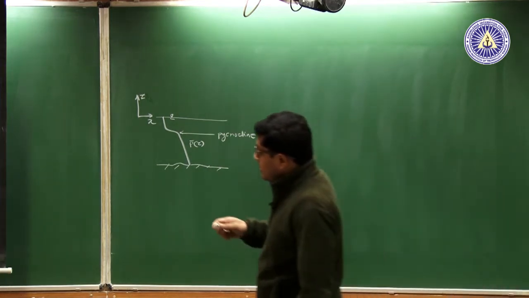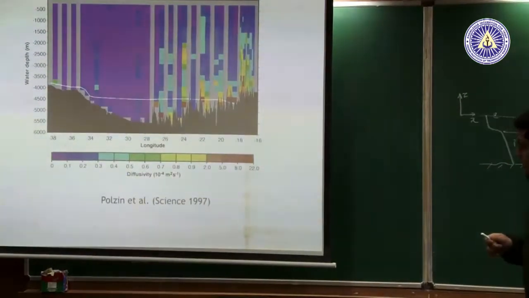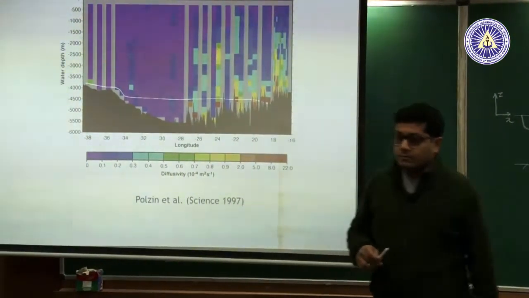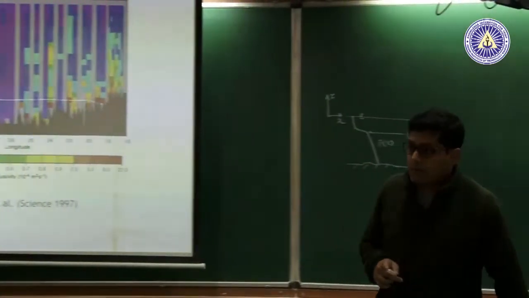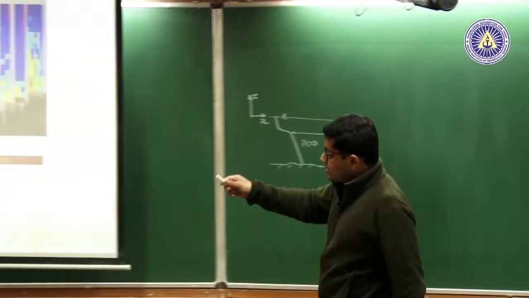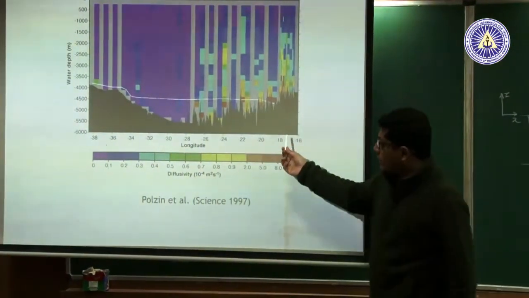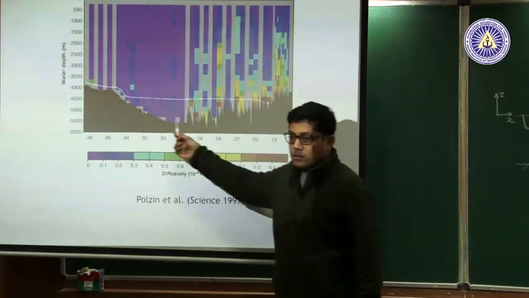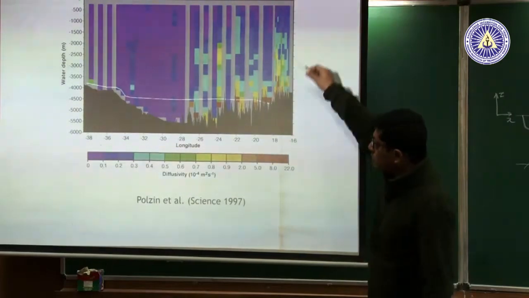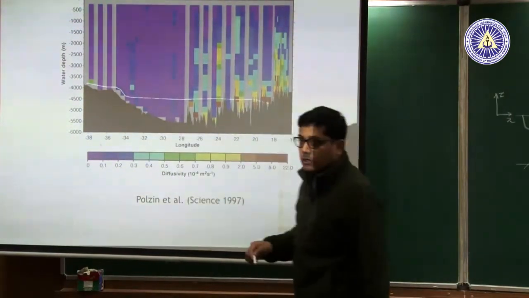This is a very important piece of research done by this group. The author's name is Polzin. This is basically the Mid-Atlantic Ridge, and this is more of the plains of the Brazilian basin, about 3,500 to 4,000 meters deep.